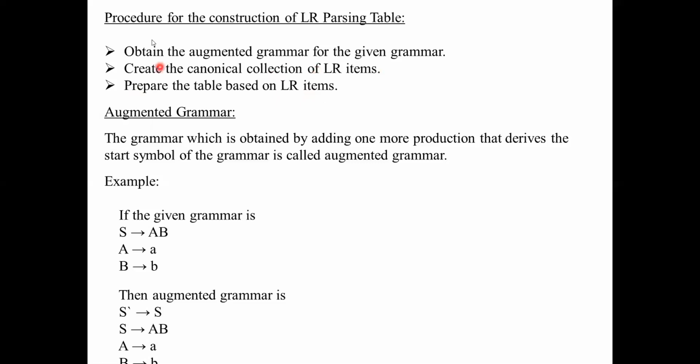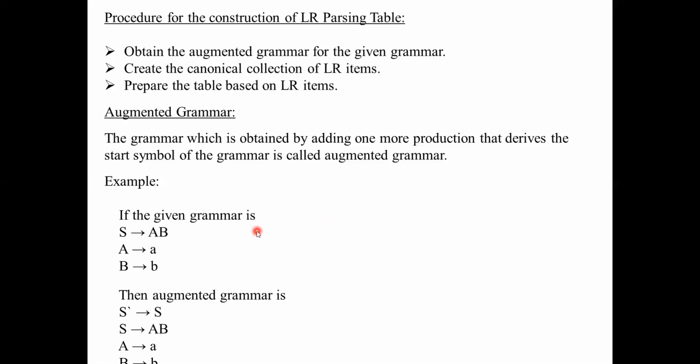Whenever we construct the LR parsing table, first we convert the given grammar into augmented grammar. Then we construct the canonical cover, and on the basis of the canonical cover, meaning LR items, we construct the parse table. Now let us move further and take an example to understand the basic concept of LR parsing.